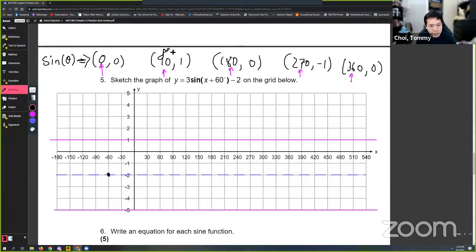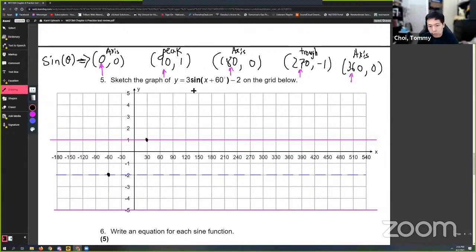So this is the peak, right? And then this is the trough here. So I'm going to go to 30 on the x and draw it on the peak, the highest point. And then it's going to be axis, peak, axis, trough, axis.